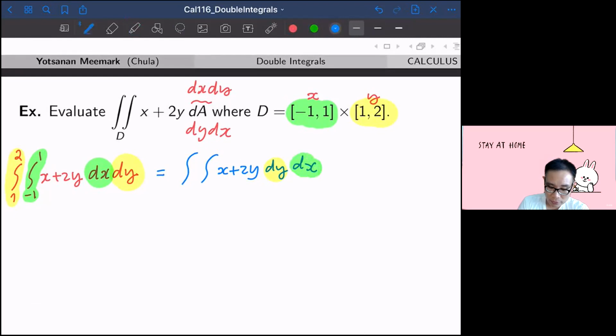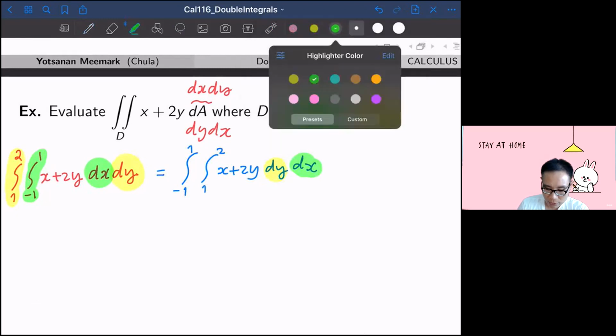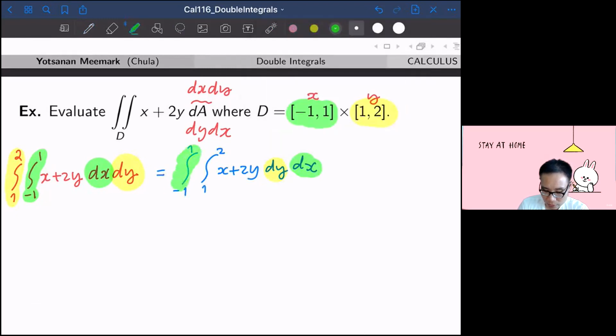In this case, it's going to be 1 to 2 inside and -1 to 1 outside. So this one is the green one, and this one is the yellow one, like this.